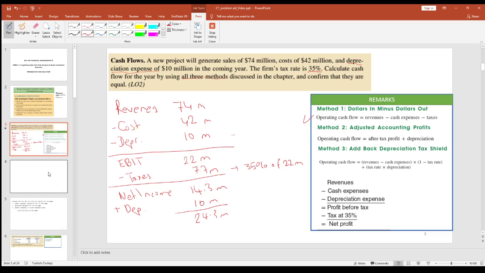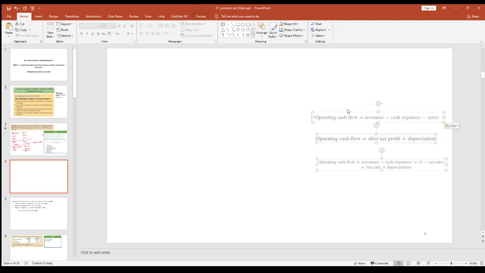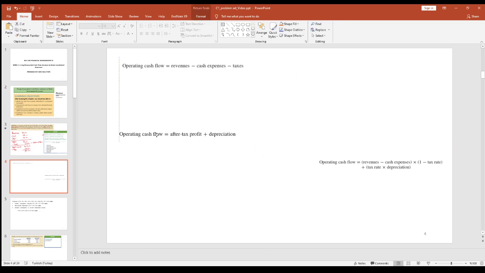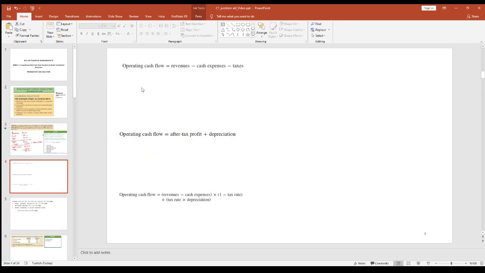Let's first take each of these equations on this slide to see better. Now we can calculate each of them and see the result. The result of each equation should be the same. Let's start with the first one.